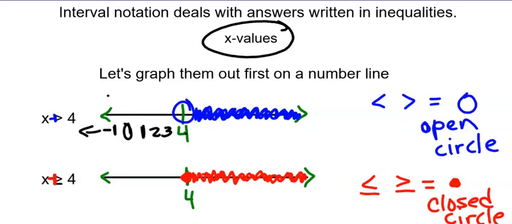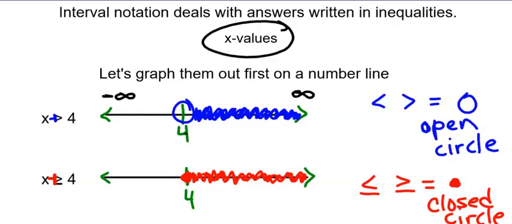So if that's where the negative numbers are, we know that infinity means it goes on forever and ever and ever. So negative infinity is going to be on this side. And then positive infinity is going to be on this side because this is where all the positive numbers are. So again, negative numbers are on the left side of the number line, positive numbers are on the right side. So negative infinity is on the left, positive on the right.